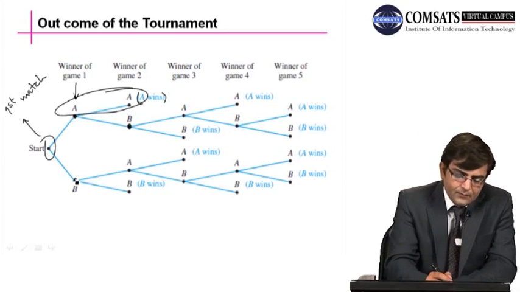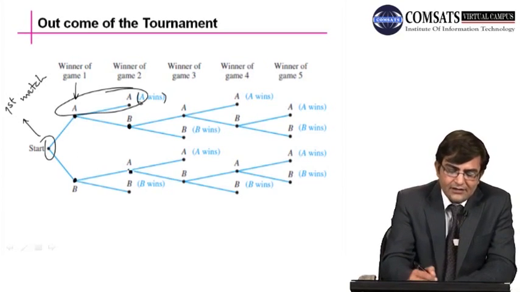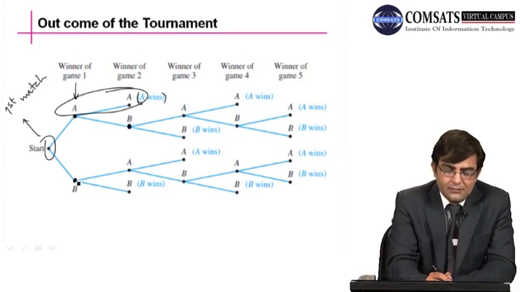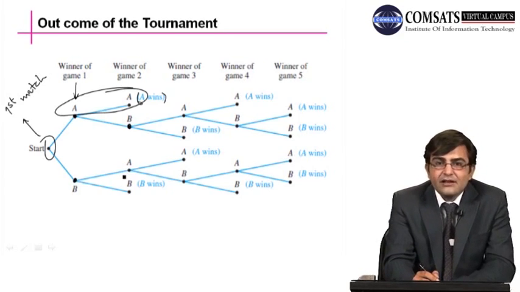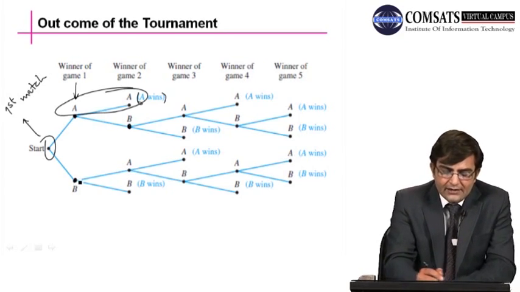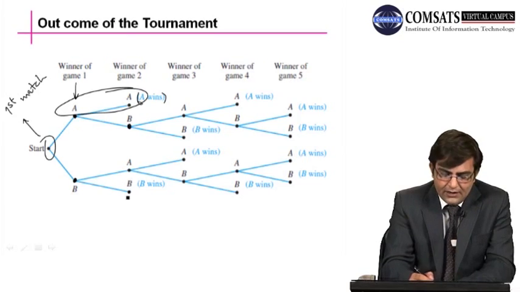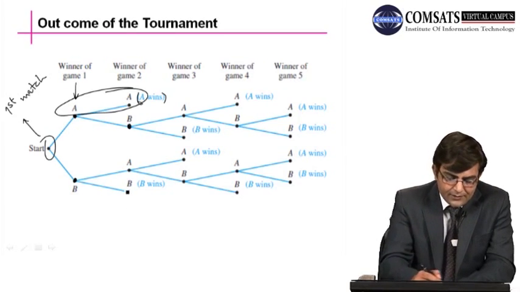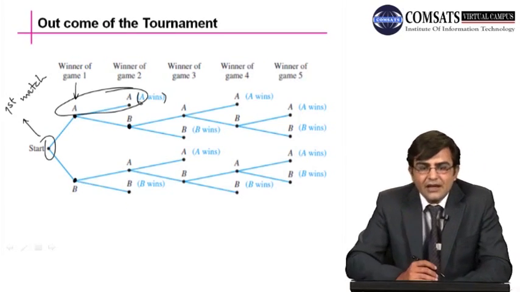Now we see the second possibility of the starting point. Here we have the same results. If B wins the first game, then in the second game there are two possibilities. Again, in the second game either A wins or B wins. If B wins the second game here, then B wins the tournament, because B has won 2 consecutive games.